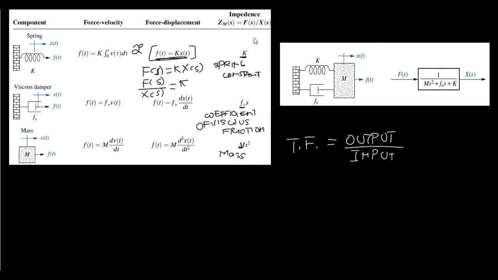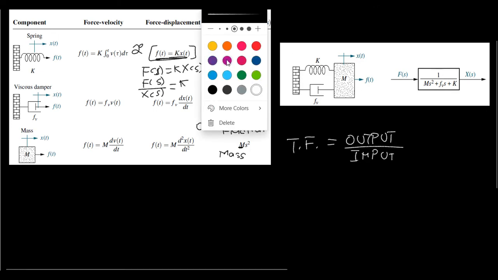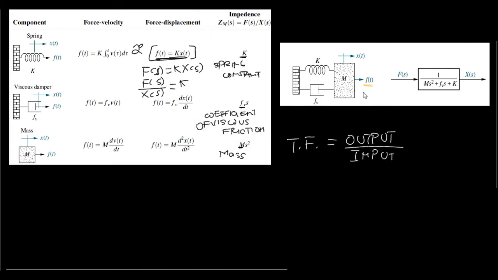So, yung input natin dito is the force or yung F of t natin. Okay? And pag nag-input tayo ng force, ano ba yung output? Di ba gagalaw siya? So, yung paggalaw niya, yun yung tinatawag natin na displacement.